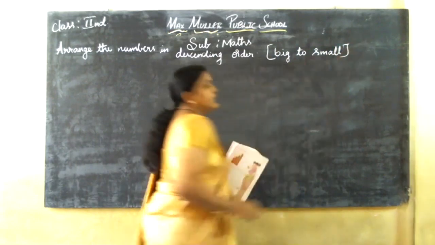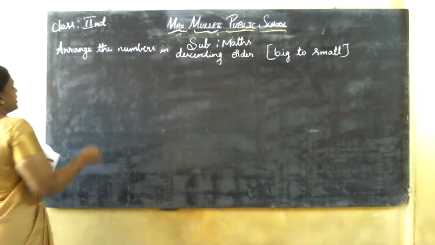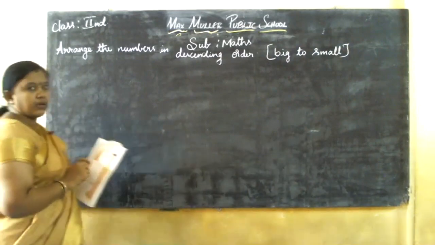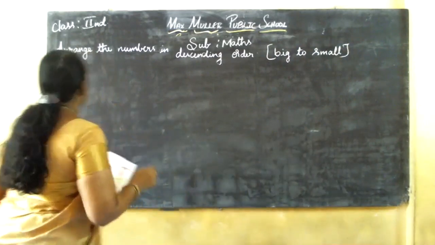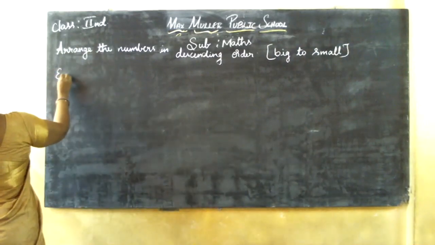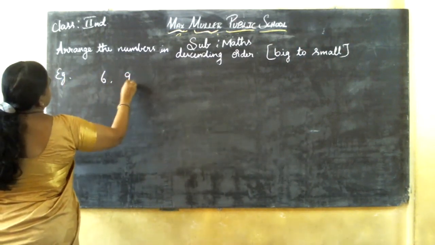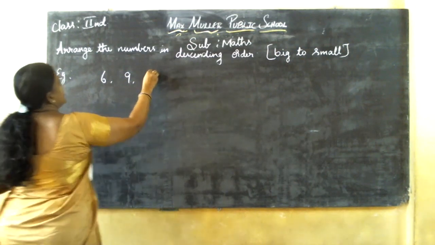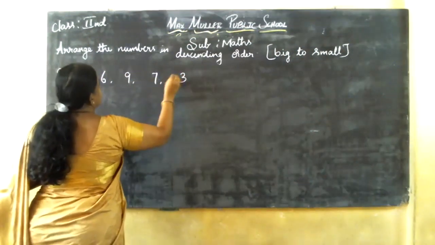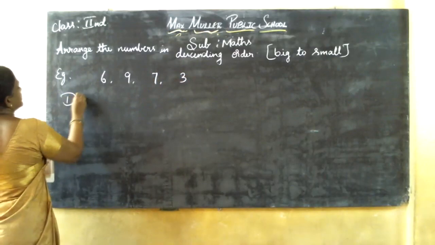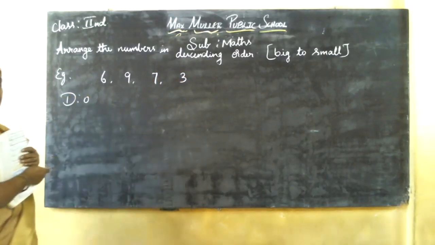For example, children, a few examples I will give. After that, you will go to the textbook. For example, you want to write in the rough note. Descending order means big to small.